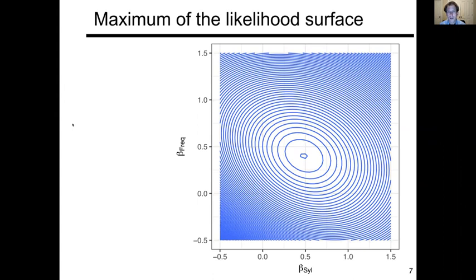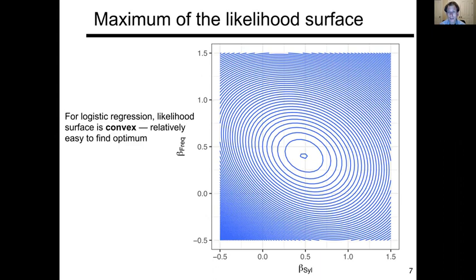I've given you here a contour plot, and this is what's called a convex surface. So the surface has only one maximum. It's sort of obvious what it is. And logistic regression is very well behaved this way. The logistic regression likelihood surface is convex. That makes it relatively easy to find the optimum.